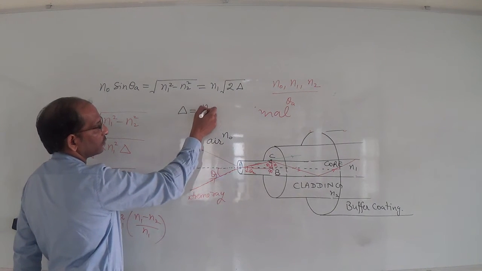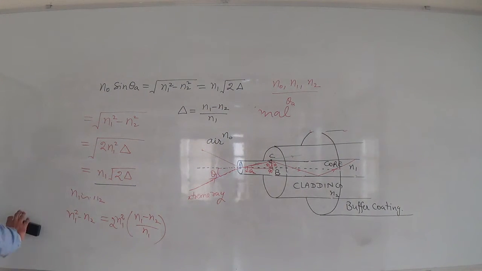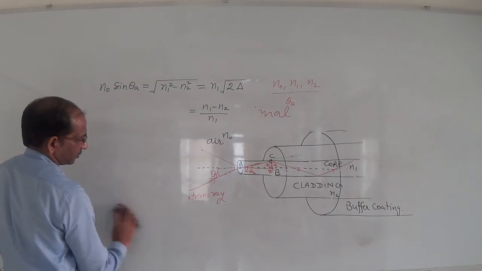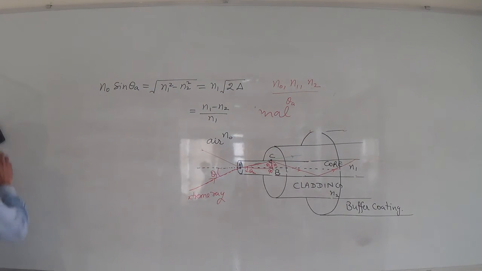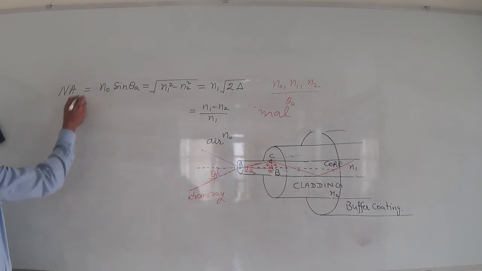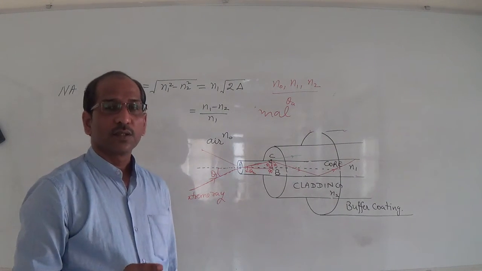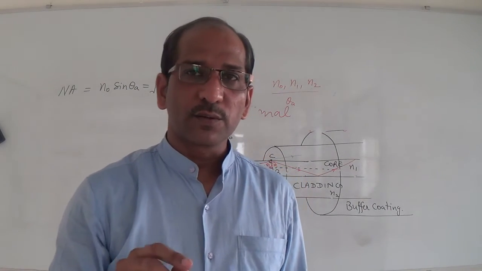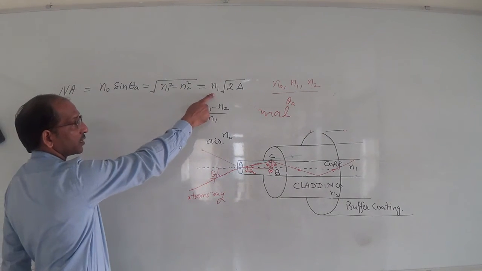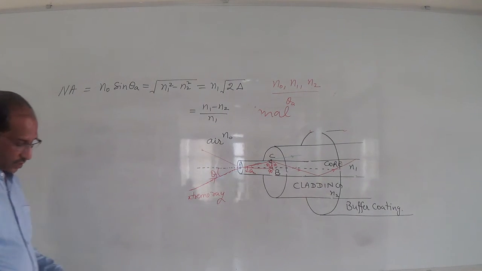Delta is n1 minus n2 upon n1. By this way, mathematically one can define the numerical aperture. So numerical aperture is defined by n naught sin theta a, the square root of the difference n1 square minus n2 square, and again the third formula is n1 square root 2 delta, where delta is the fractional refractive index.